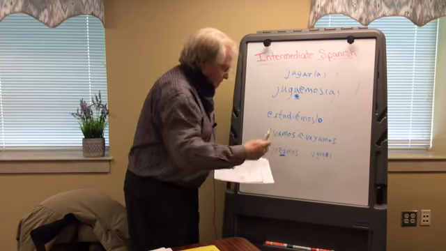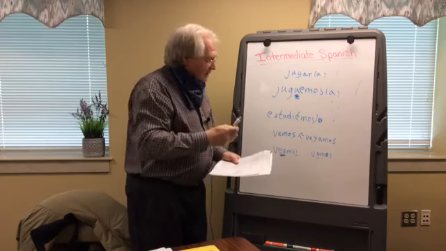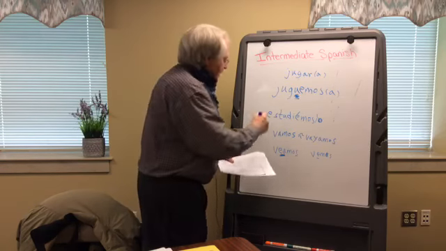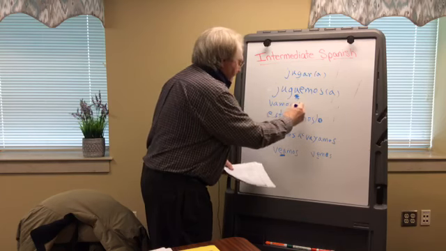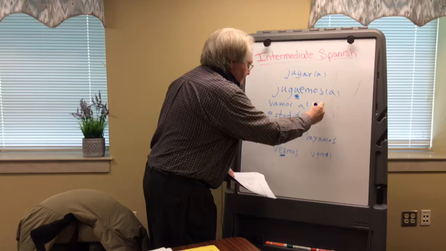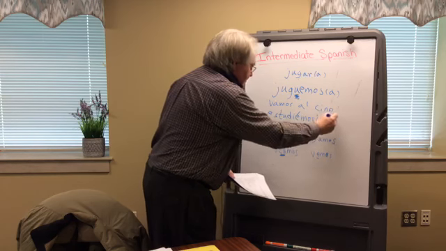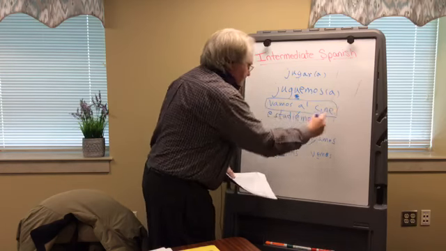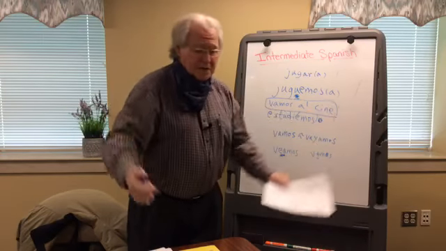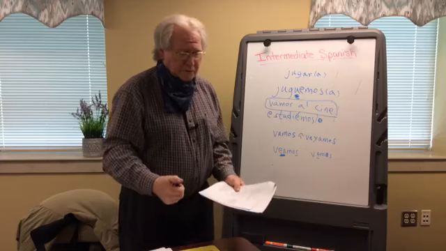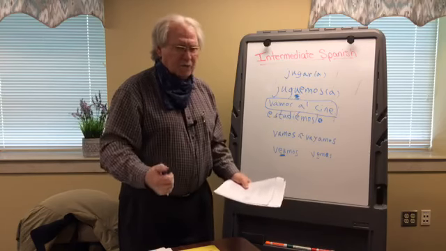But so if we were to say vamos al cine, that can mean vayamos al cine, let's go to the movie, or vamos al cine, we're going to the movie.